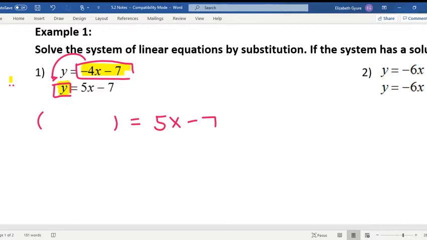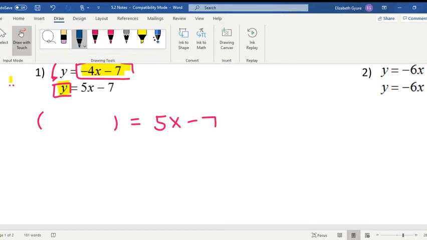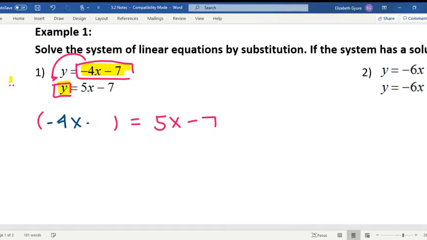Okay. Now, yesterday we took a number and we plugged it in, right? But I don't have just one number here. I have a whole expression, -4x minus 7. So what you're going to do is take that and plug it into your parentheses on the left. So I'm physically taking the one equation and putting it in on the left on the other equation.